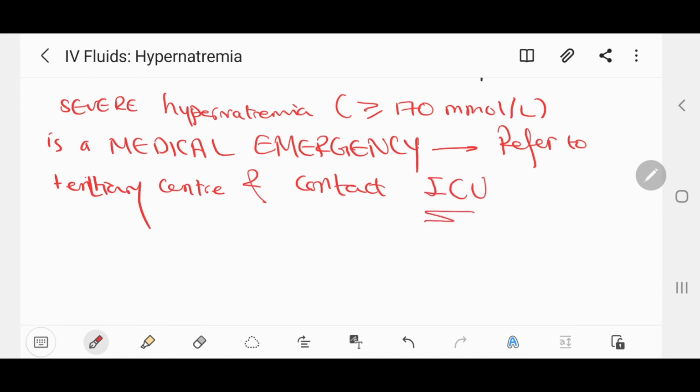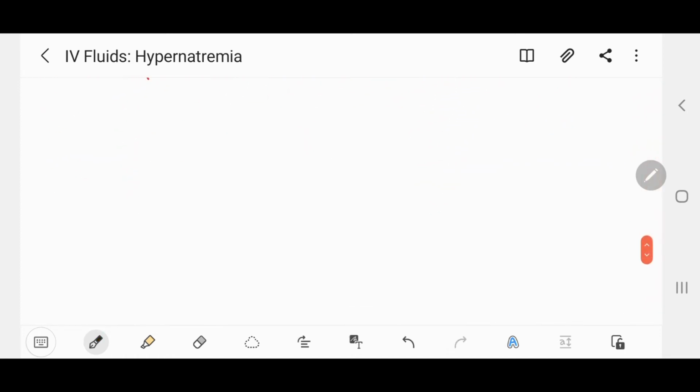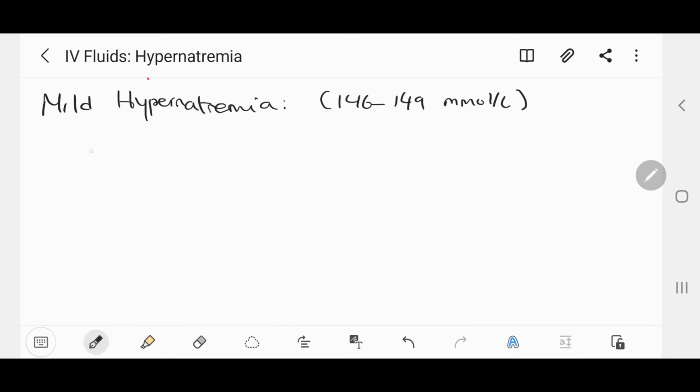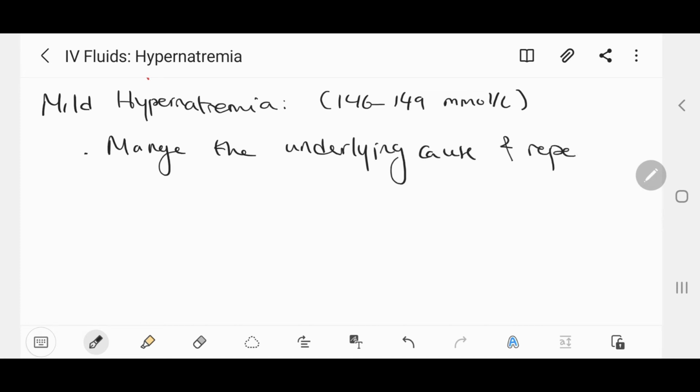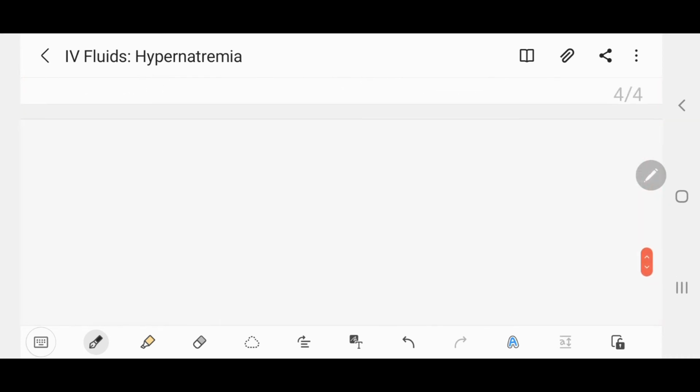Okay, so now we'll discuss the management of mild and moderate hypernatremia. We start with mild hypernatremia, where the sodium concentration is 146 to 149 millimole per liter. We manage the underlying cause and repeat urea, electrolytes, and creatinine in 4 to 6 hours.